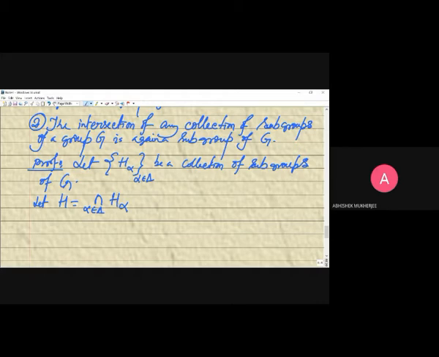So H is the intersection of H alpha. Now you need to check that this H is again a subgroup of G.